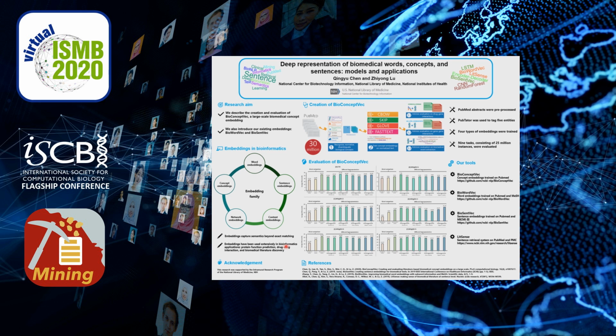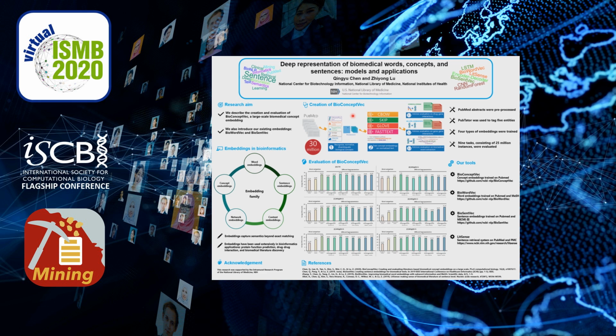However, if we train word embeddings, their vectors should be projected to a similar semantic space. Embeddings have been used extensively in the biomedical domain, for example, for protein function prediction, for drug-drug interaction, and specifically for biomedical text mining, it has been used for literature discovery.